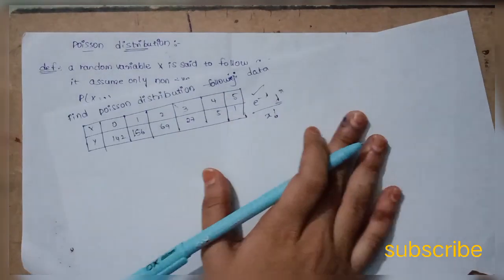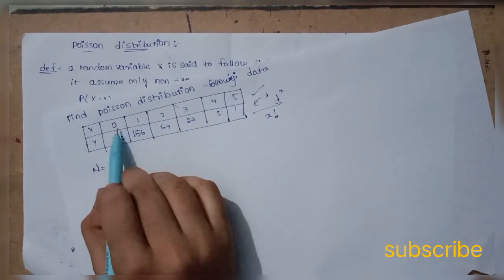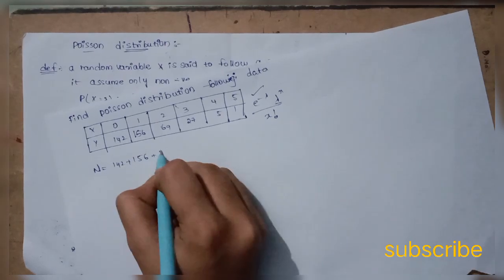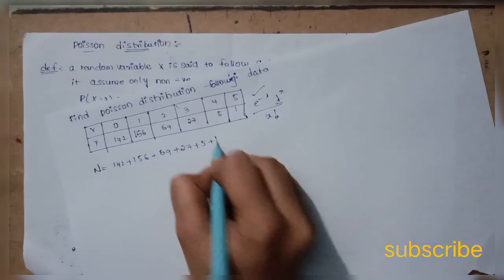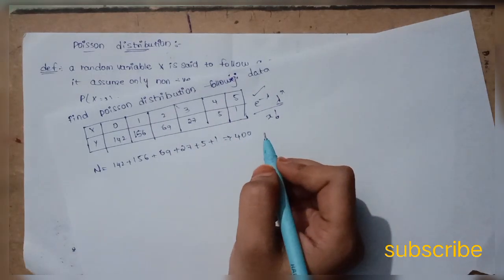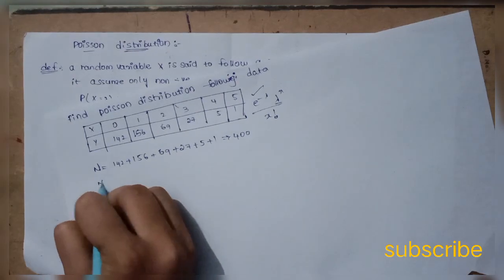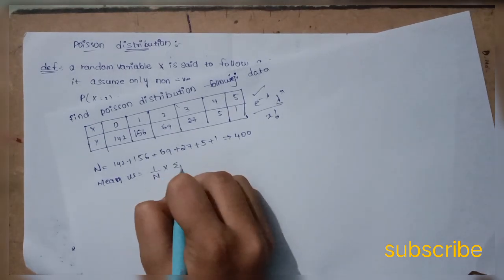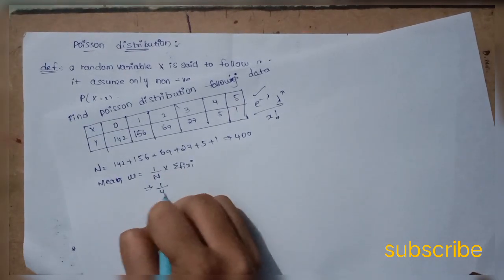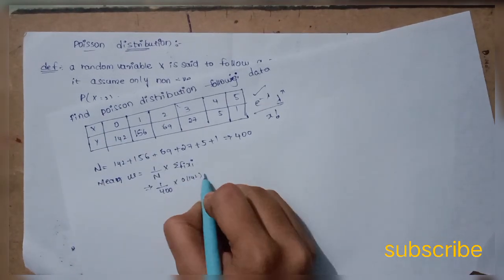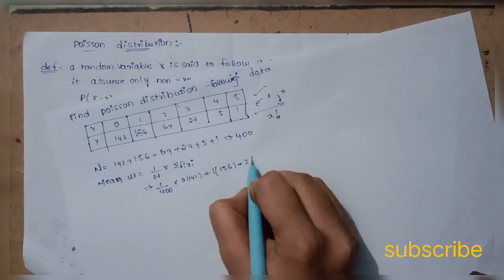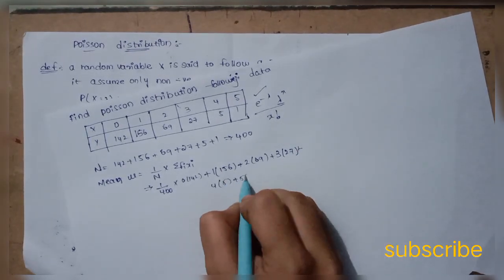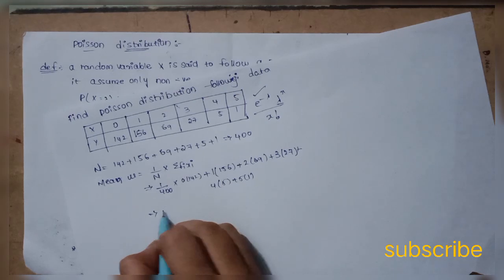Now we can start the problem, where N is equal to the sum of f, 142 plus 156 plus 69 plus 27 plus 5 plus 1, which equals 400. The mean is equal to, we already know the formula of the mean, 1 by N into summation f i x i, which equals 1 by 400 into 0 into 142 plus 1 into 156 plus 2 into 69 plus 3 into 27 plus 4 into 5 plus 5 into 1, which equals 1.